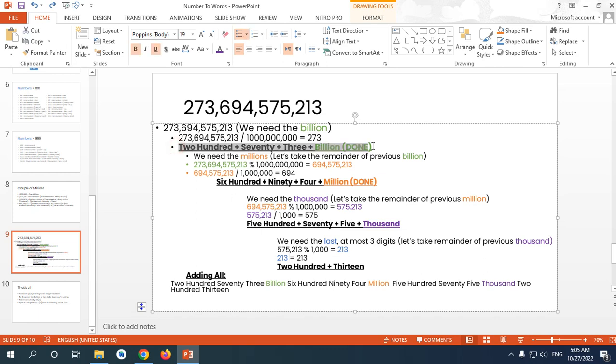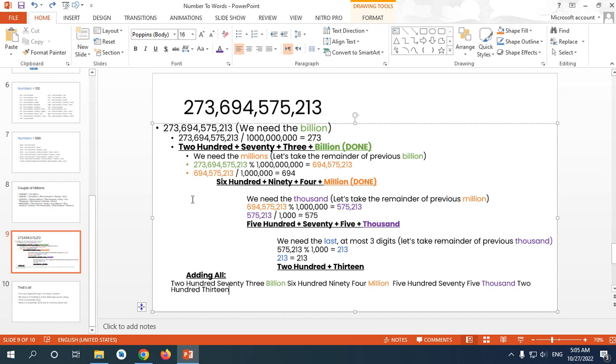And if we add our 273 billion plus 694 million and 575,000 and 213, once we add all that, we will achieve the final word for this number, the English word.